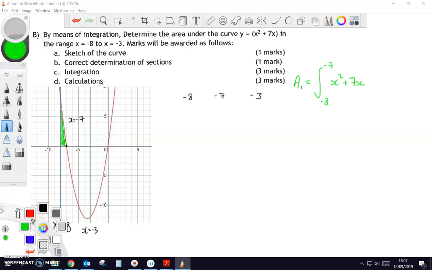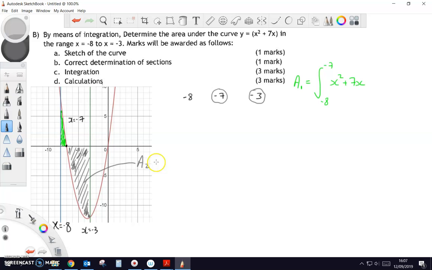Now, if I go to this dark grey, the other area of interest will be between the line x equals minus 3, the area under the curve between x equals minus 7 and x equals minus 3, and we'll call that area 2.